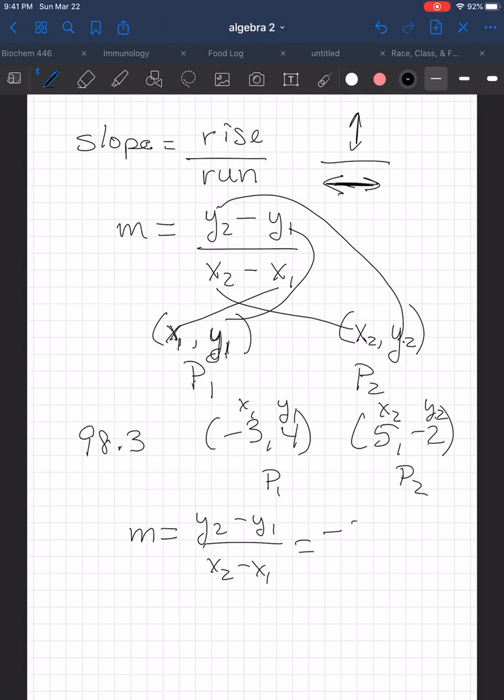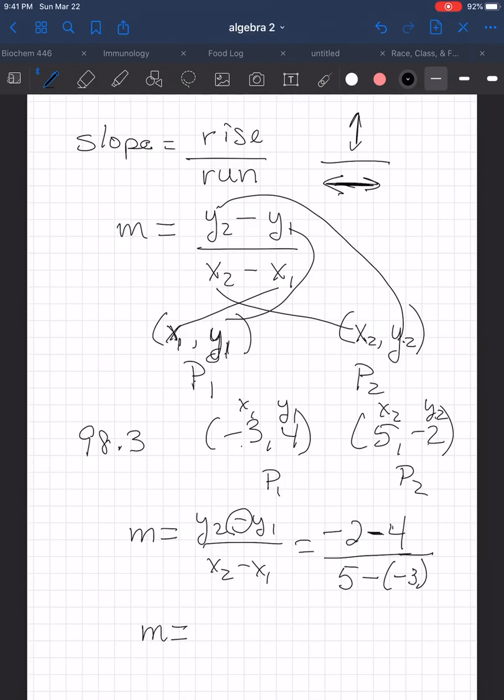So y2 is -2 minus, because it's a minus in the formula, y1 is 4, divided by x2, which is 5, minus x1, which is -3. So don't forget, it's minus a minus. Okay.